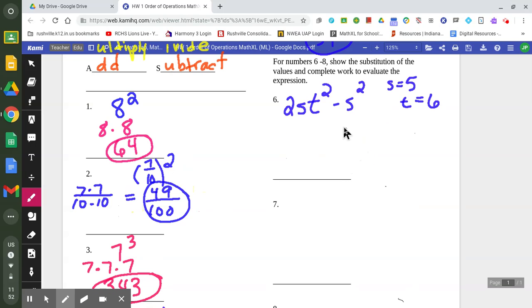Starting with number 6, you will be given an expression, and you are expected to substitute those numbers in for those letters. So for number 6, I'll have the 2 times, and then instead of an S, I will put a 5.